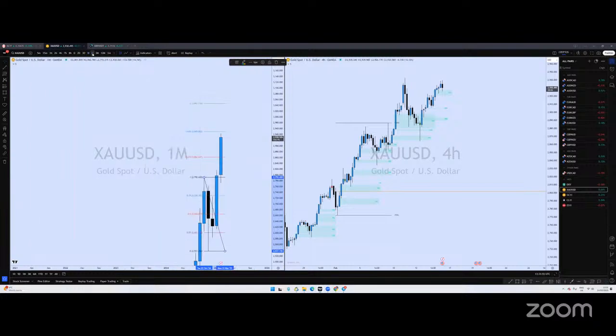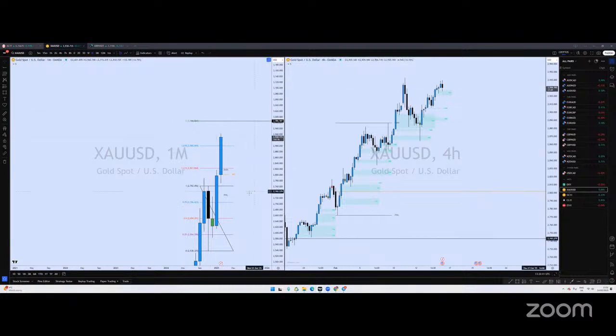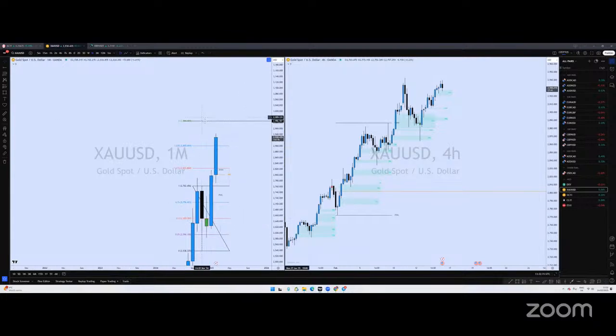Is it on the monthly? Yeah. So we are heading for the 2 level, which comes in at 2986.58. That's where I think we're going.